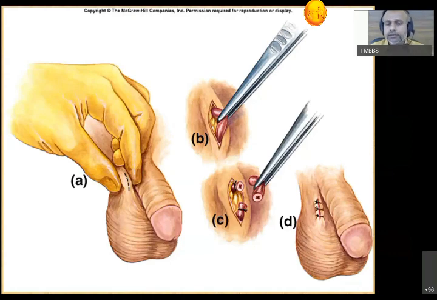Therefore, after 1 month we do a microscopic examination of the semen. If the sperms are absent, then we label the person as sterile. That is the permanent method of sterility after completion of the family. We advise vasectomy in males. This is all about the male reproductive system.